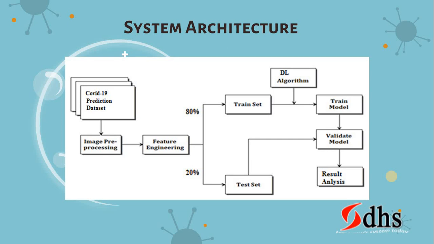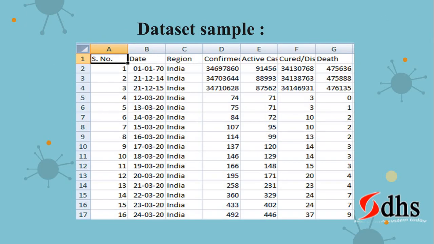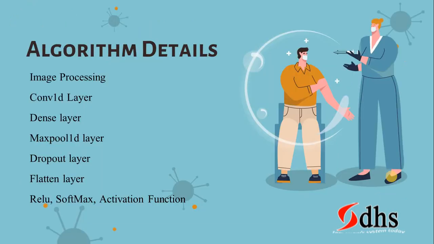When you do a project, the architectures will be totally different. We split the data in an 80-20 ratio, training set and test set, training set for model training and test set for model validation. And then this is the dataset sample. We have the dataset and also the download source. With this we can perform the analysis.